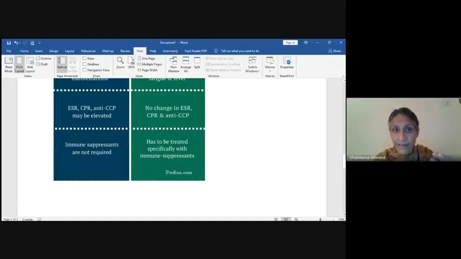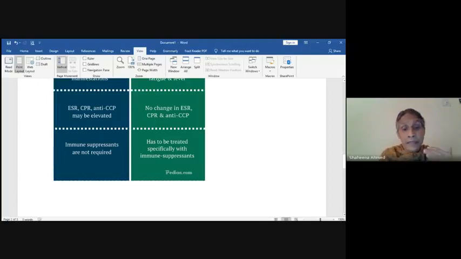Your ESR is increased, your C-reactive protein is increased, and your CCP is increased. In rheumatoid arthritis, all of these three parameters are elevated, whereas in osteoarthritis, all of these three parameters, that is your ESR, CRP, and anti-CCP, are usually normal.